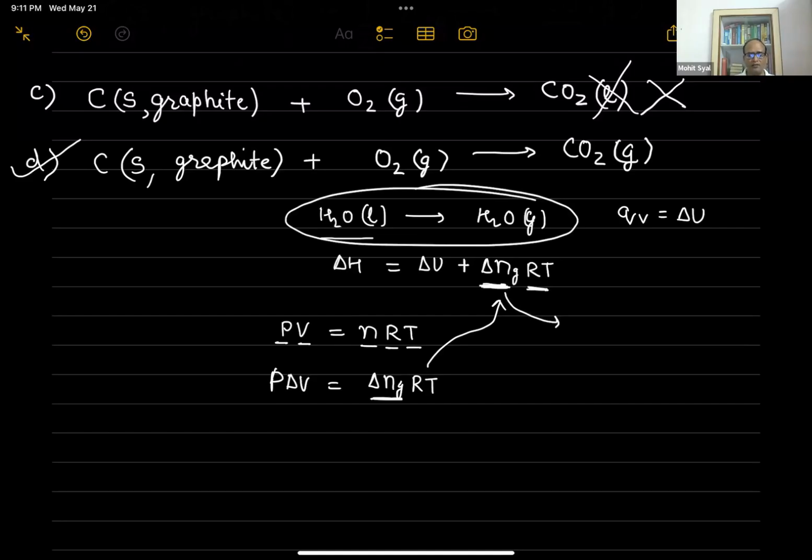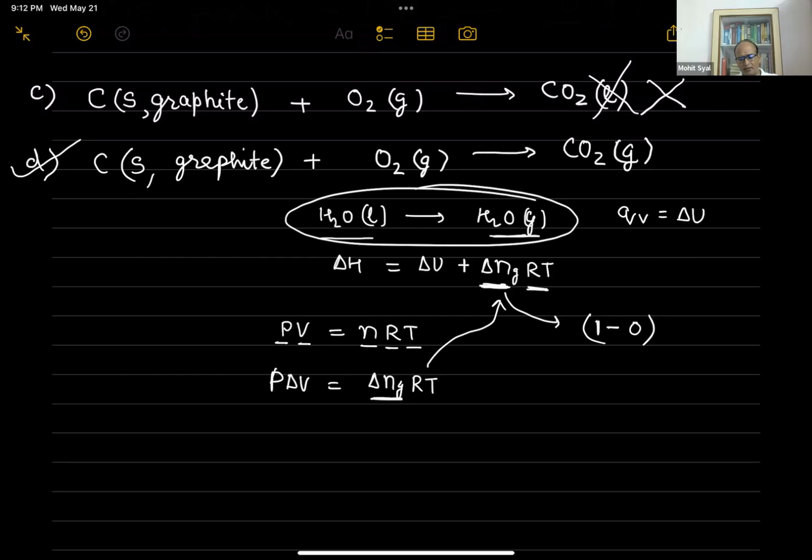Is it 0 or 1 or minus 1? The moles will be one only, right? Because the form is changed. Yeah, 1 mole of gas on the product side minus 0 moles of gas on the reactant side. Got it? Is it clear or not? Now it's clear.